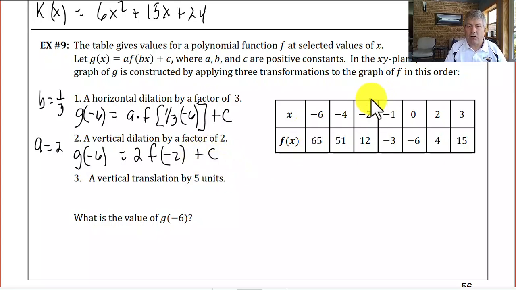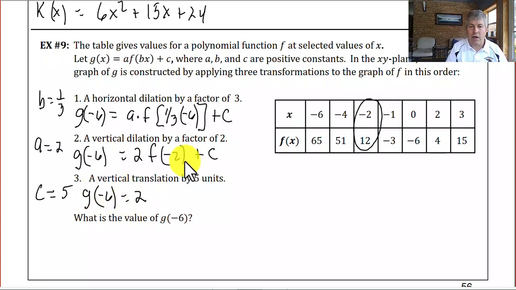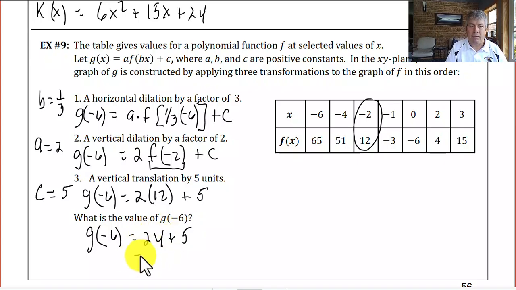So I can go to my chart now, and I know f of negative 2 is 12. So I'm going to do a vertical translation by 5 units. So our c value is 5. So g of negative 6 equals 2 times f of negative 2, from my chart is 12, plus 5. So g of negative 6 is equal to 24 plus 5, or 29.